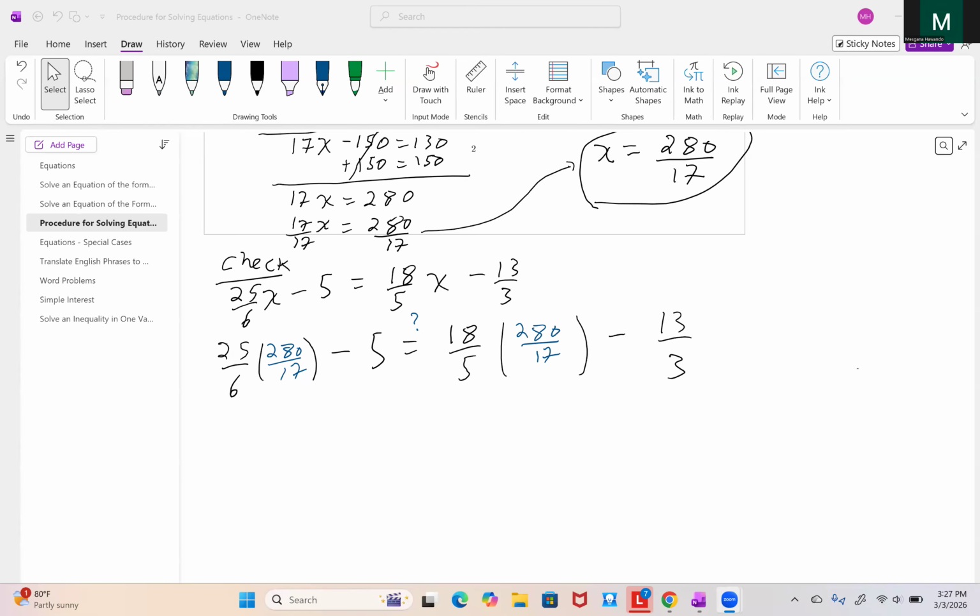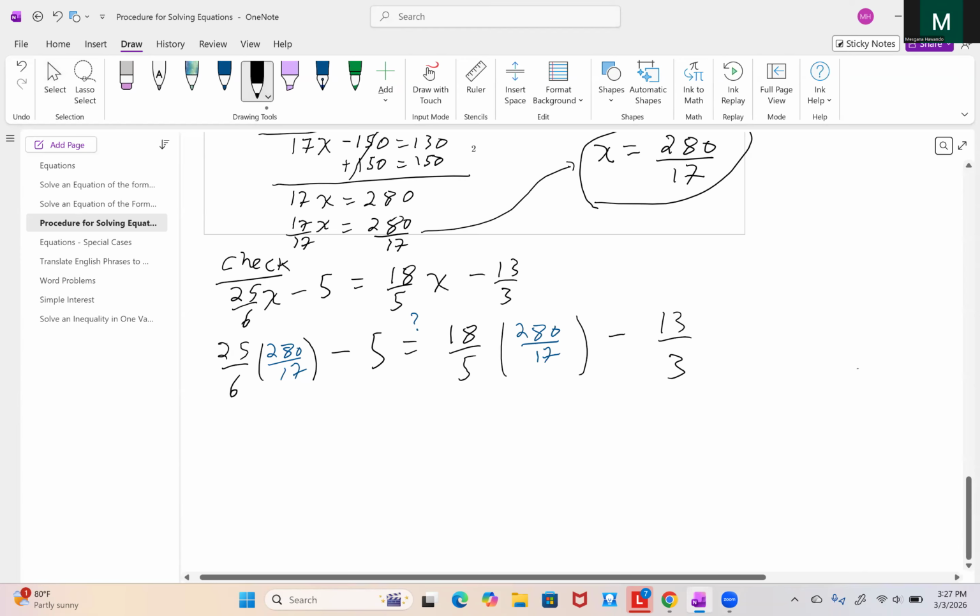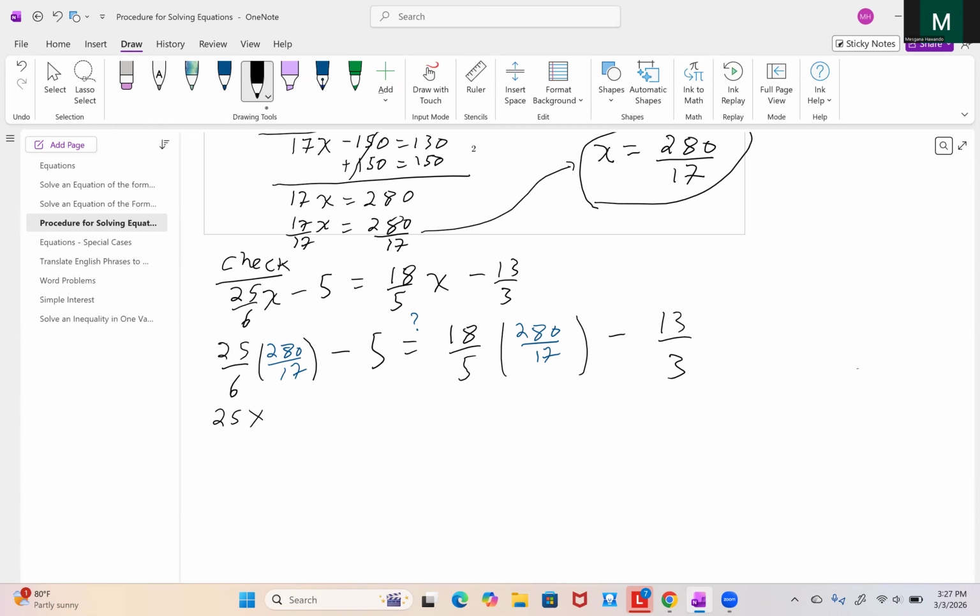Okay, so we multiply these numbers. 25 times 280, we can write it as 2 times 140 over 6, which can be written as 2 times 3, times 17.